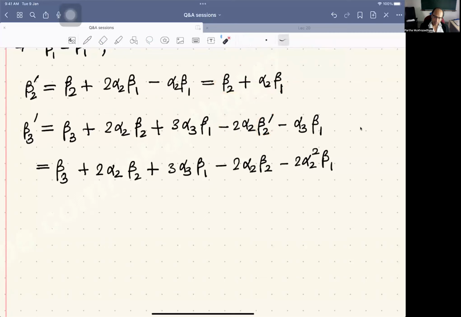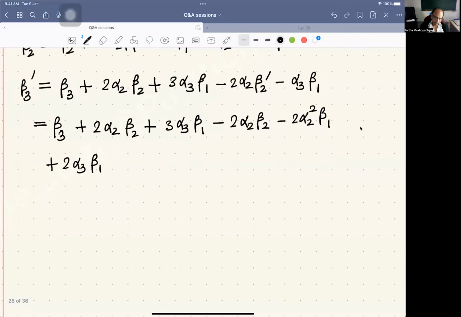Then 3 alpha 3 beta 1 minus alpha 3 beta 1 is 2 alpha 3 beta 1. So the result would be beta 3. Now 2 alpha 2 beta 2 and 2 alpha 2 beta 2 cancel.